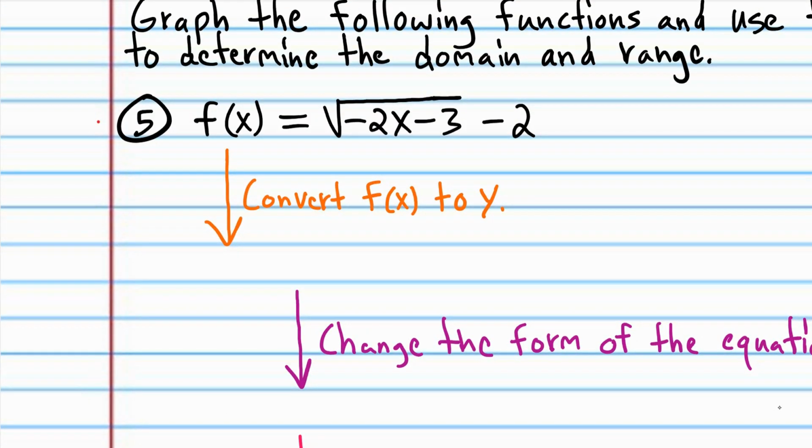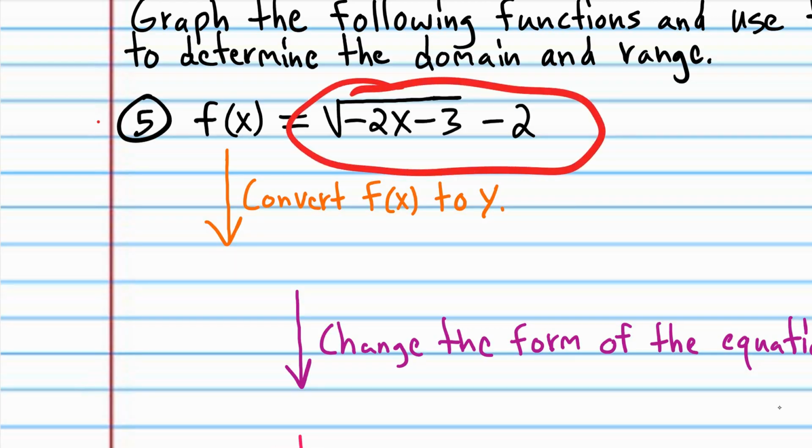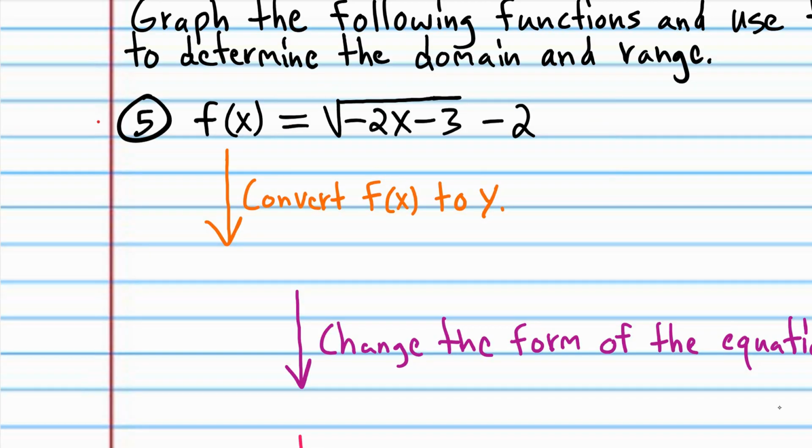But that's okay, because we can graph this complicated function here, this equation, using our library of functions as a starting point, and we're going to use the transformation method to find the graph, and once we have the graph, we can easily find the domain and range.